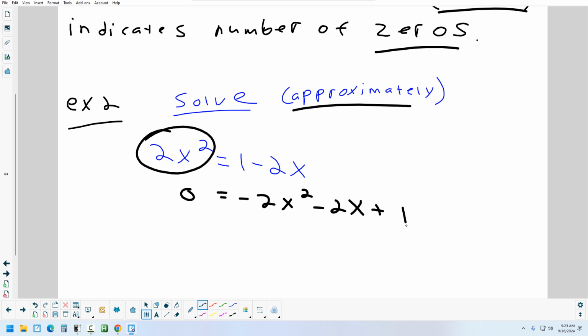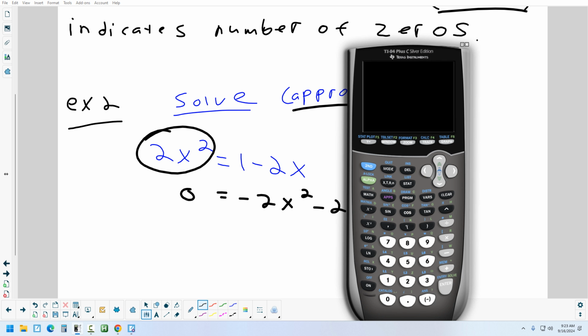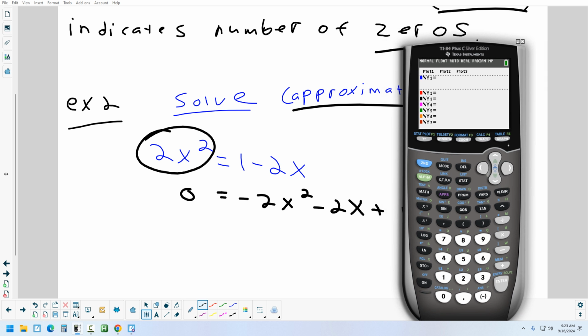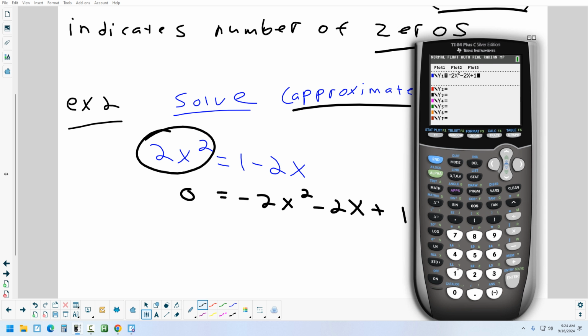Okay, so now we've got negative 2x squared minus 2x plus 1. We're going to type that in. I think it's going to cross twice. If it does cross twice, I will find the intersection point on the right. And then if you guys can do the one on the left, that'll save us a minute.